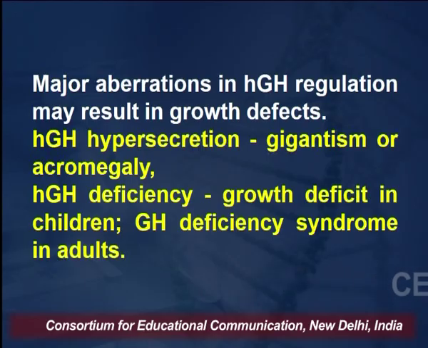Now, when we see the regulation of HGH, we see that the feedback mechanism is very tightly regulated, because any deviation in the amount of HGH produced is going to result in growth defects. HGH hypersecretion can lead to gigantism or acromegaly, and HGH deficiency can lead to growth deficit in children, and GH deficiency syndrome in adults.